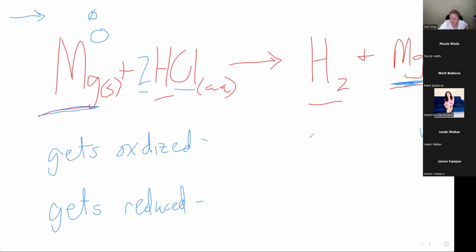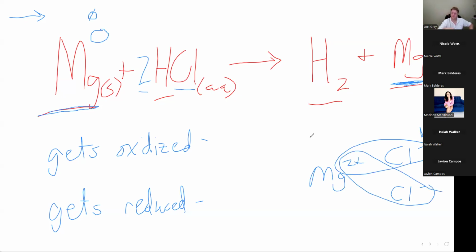There we go. So if Cl has a -1 charge, and there's 2 of them, I like to write it like this: Cl minus, Cl minus, and then Mg2 plus. Effectively, that and that give me charges that add up to 0.